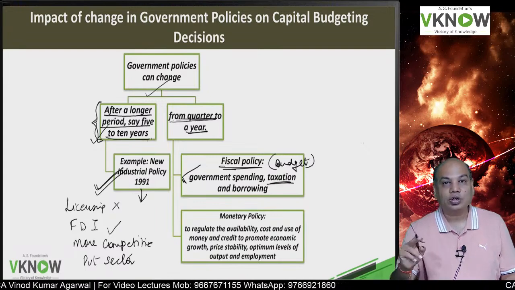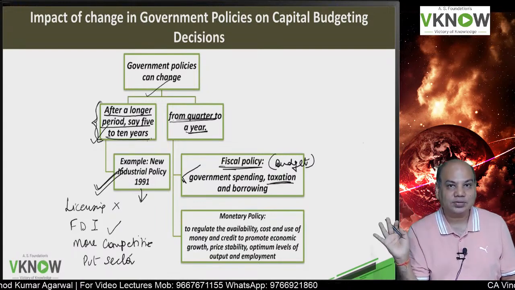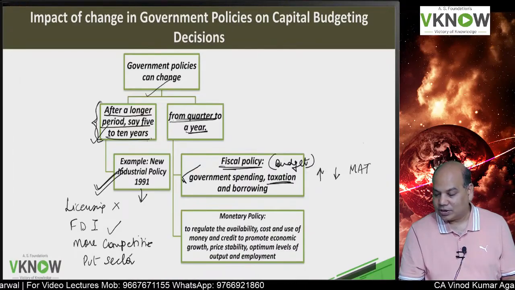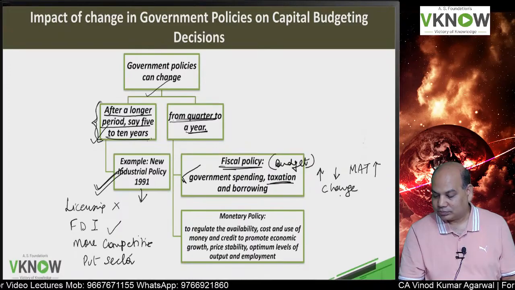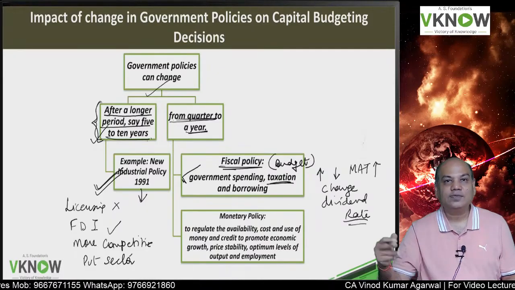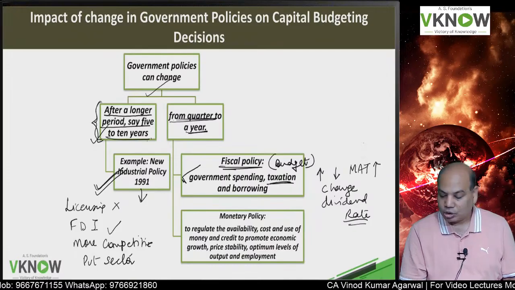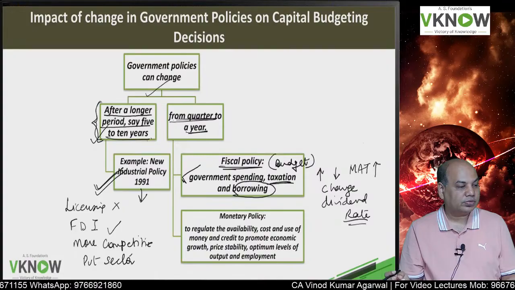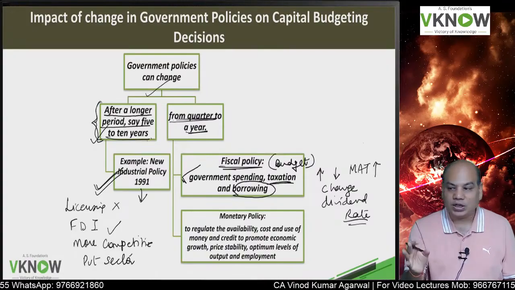Taxation policy of the government can impact the business. If they increase the tax rate, decrease the tax rate, increase the MAT rate, change the dividend rate, all this can affect your cash flow and therefore your future cash flows. Government borrowing: the government is a big-time borrower, or can I say the government is the biggest borrower.